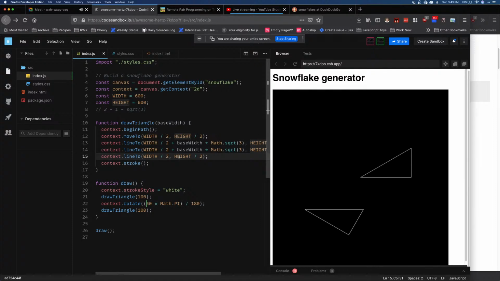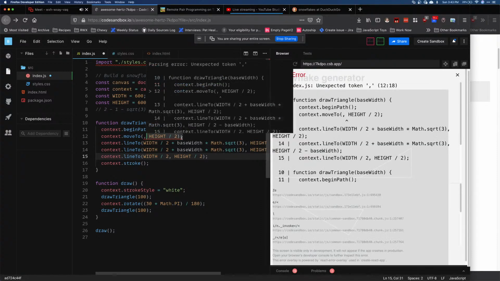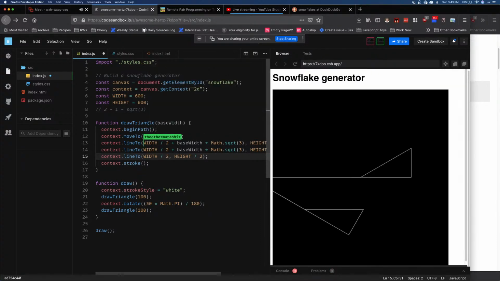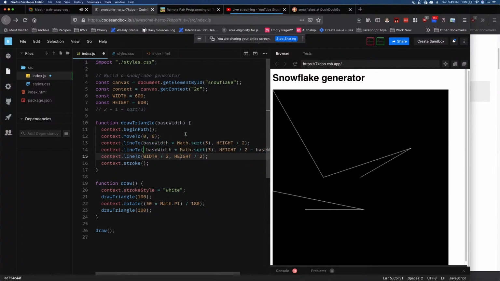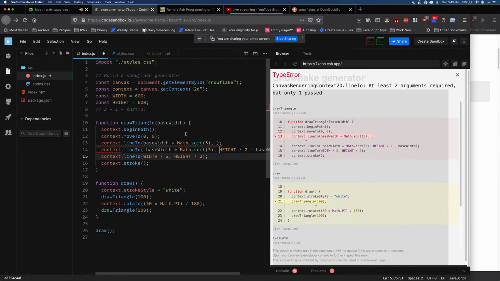Oh, is it because we need to move all of these into 0, 0, and then 0? What did I miss?